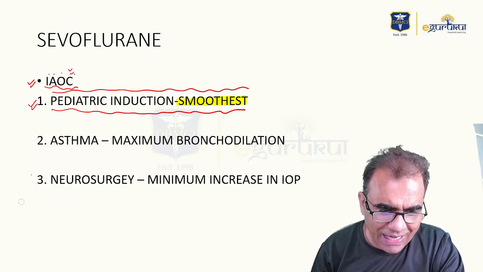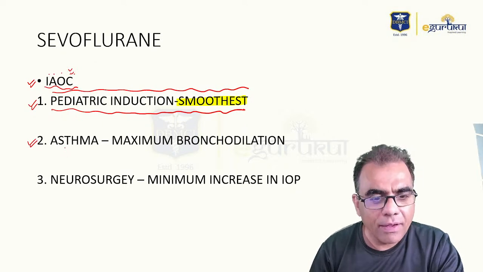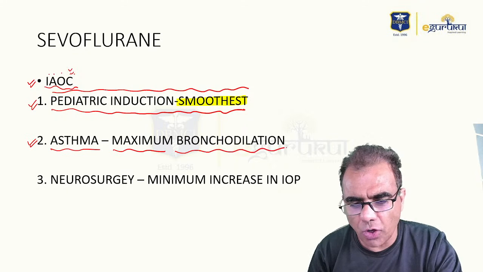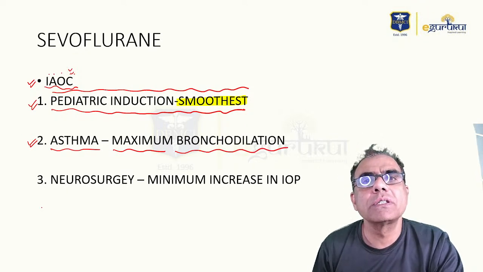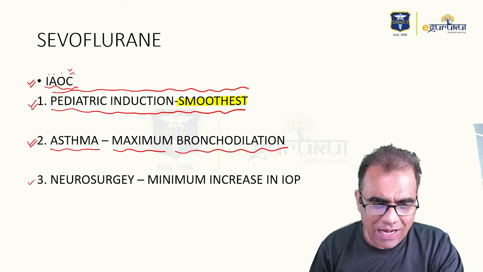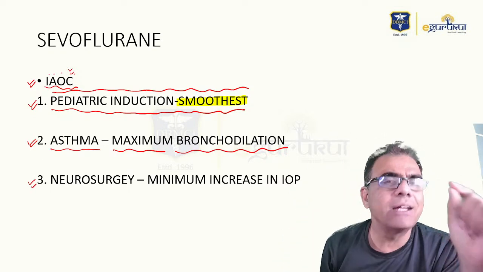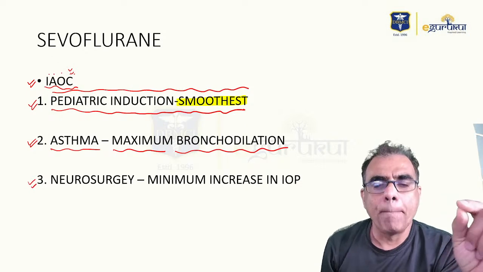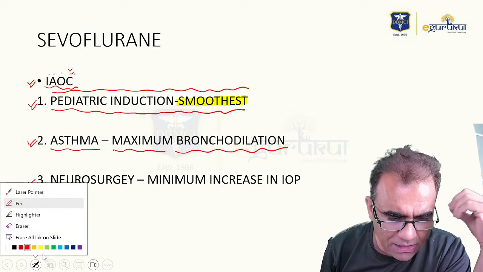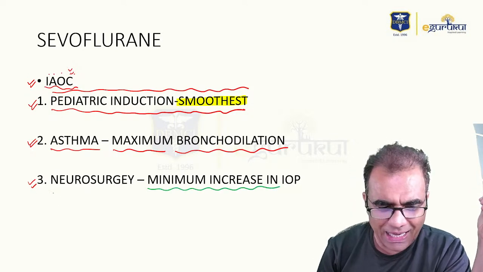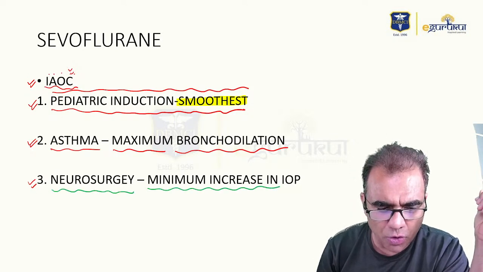Then it is an excellent bronchodilator, making it the inhalational agent of choice for asthma patients. And all these inhalation agents increase the intracranial pressure, but the minimum increase is seen with sevoflurane, making it the inhalational agent of choice for neurosurgery.